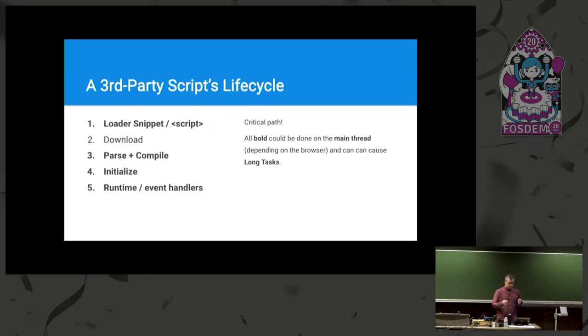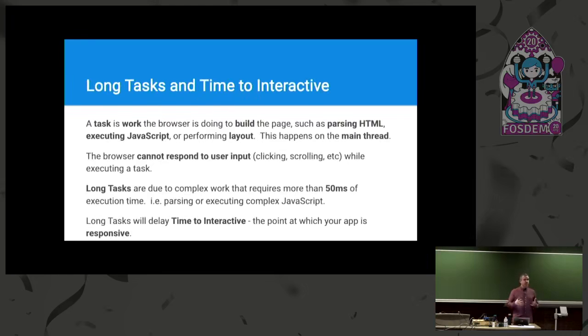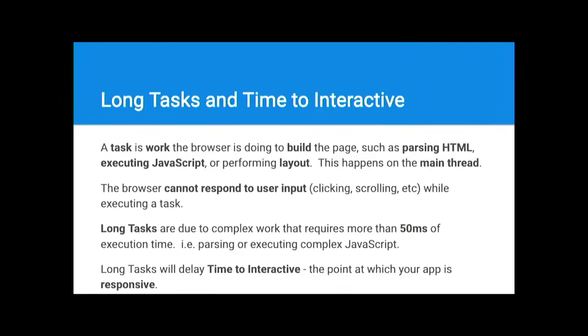So you're delaying the user input, etc. So what you really want to do when you have a third-party library, a script like this, is minimize the work that you're doing, break it up. If you know you need to do a really big calculation, try to break it up into pieces. This avoids things called long tasks, which are tasks that are running on the main browser thread that would potentially block user input if they're trying to click or scroll. It would make for a non-responsive user experience.